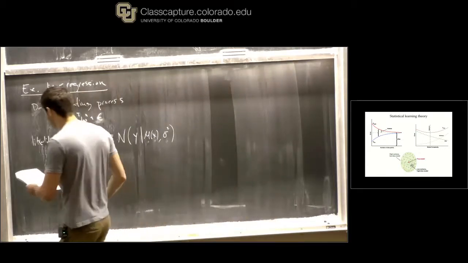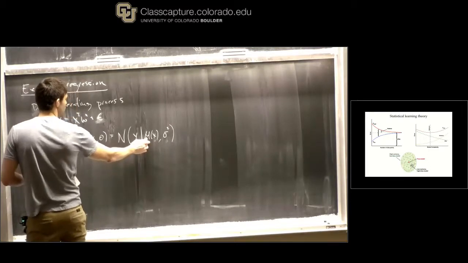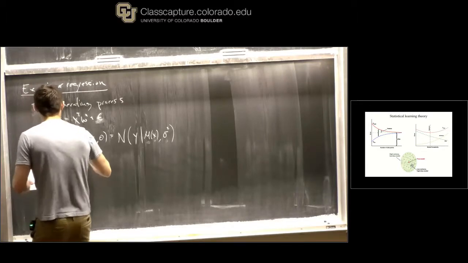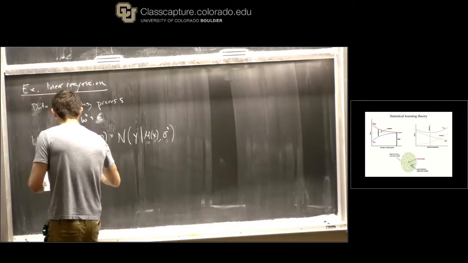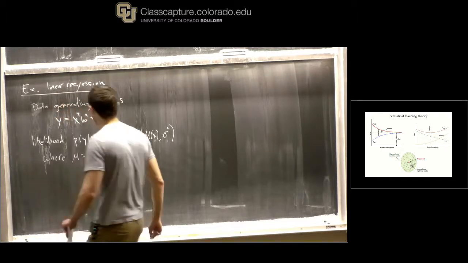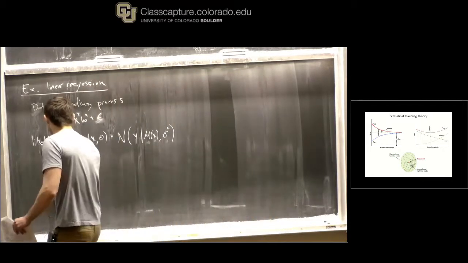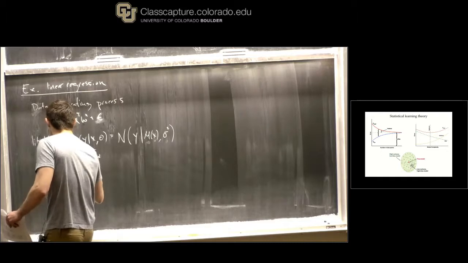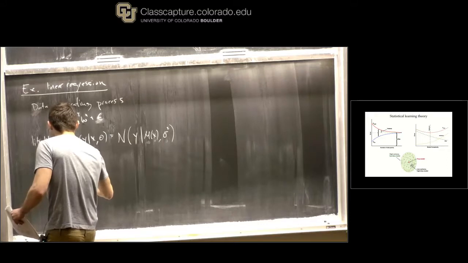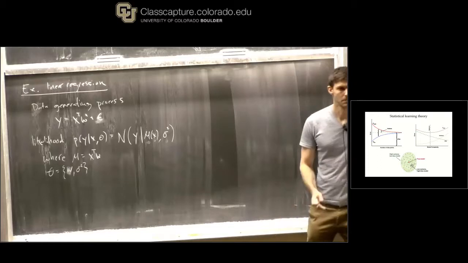And in particular, we want to choose a simple functional dependence for mu that's just linear. So mu itself is x transpose w. And now our parameters are the set of the weights in w and also the sigma squared.